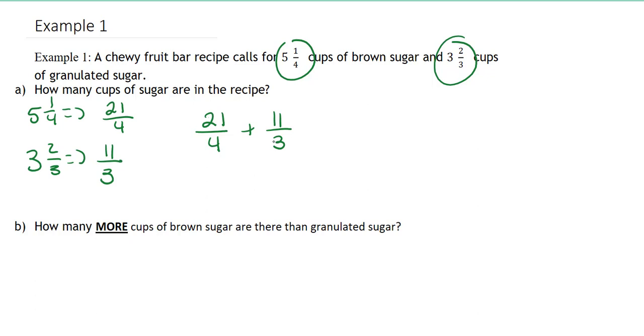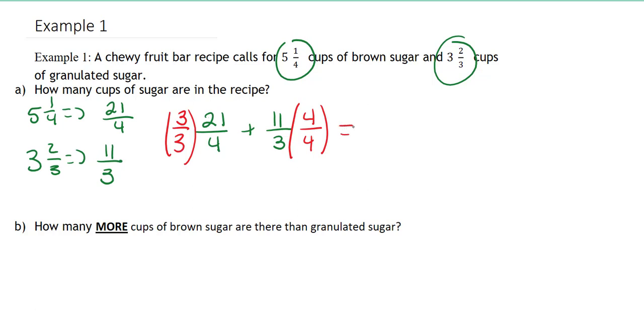The quickest way to get to the least common denominator is to multiply each fraction by the other's denominator, both on top and bottom. So we'll multiply this by 3 over 3. Then we can get to 12, which would be our least common denominator.